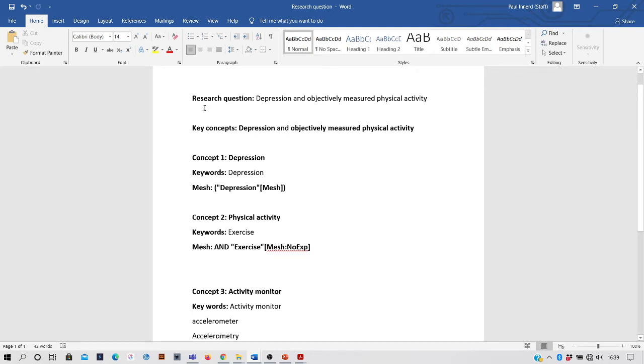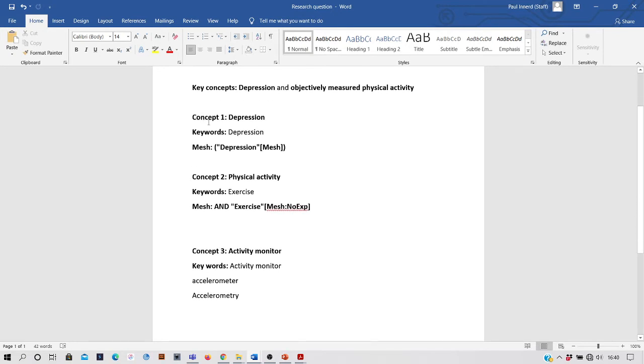But when you've got your research question, in order to create a list of search terms, you need to identify the key concepts or key themes within your title or research question. This one is pretty straightforward. We've got depression, objectively measured physical activity, and physical activity itself as a behavior.